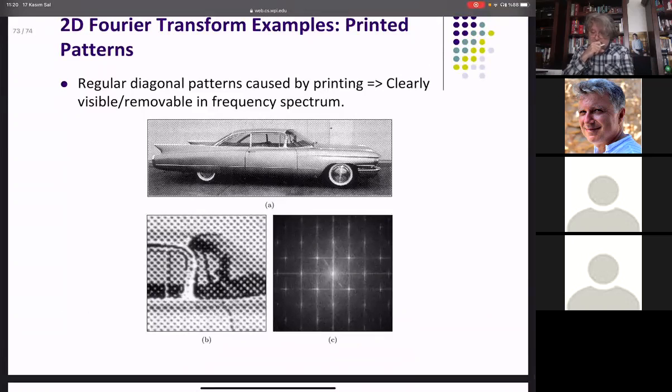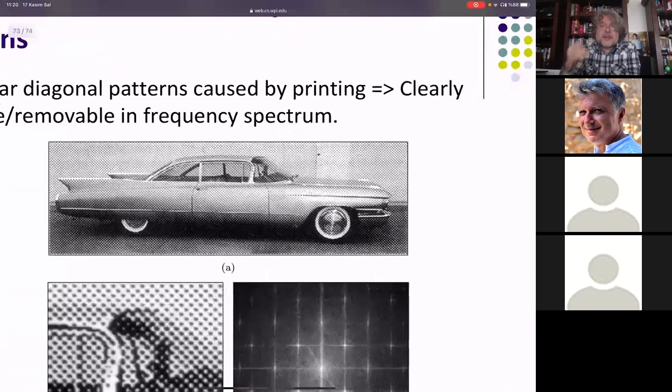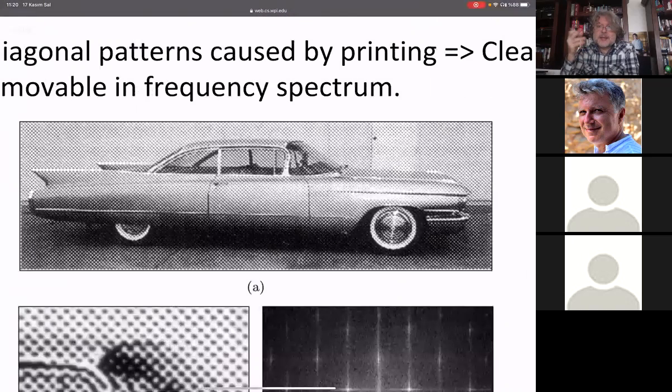This is an interesting image. In the old days, when something was printed in newspapers, journals, and things like that, they were using this lower technology. They are still using this kind of technology for dot matrix printers. There is a matrix that is repeating its texture to give an average gray value.